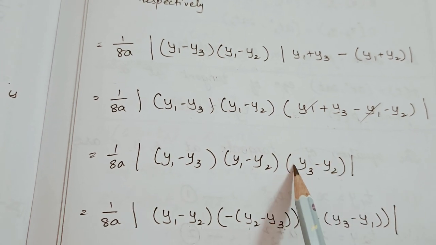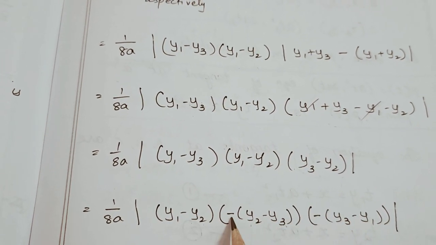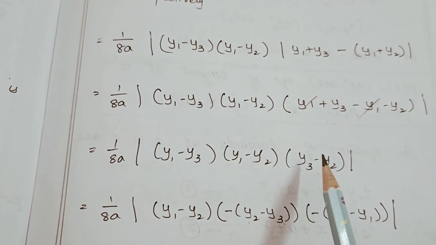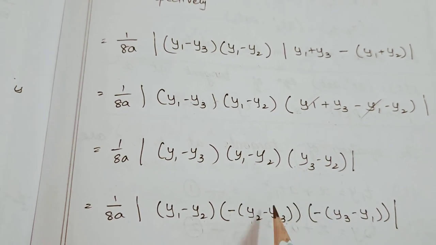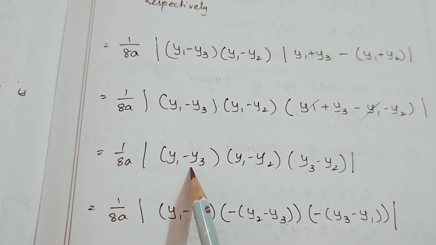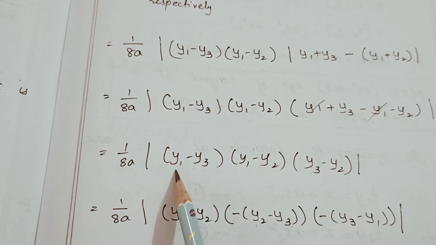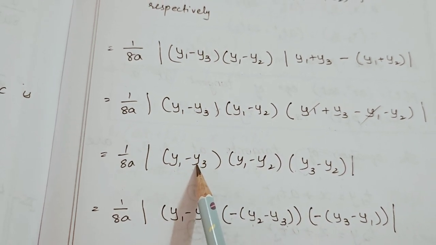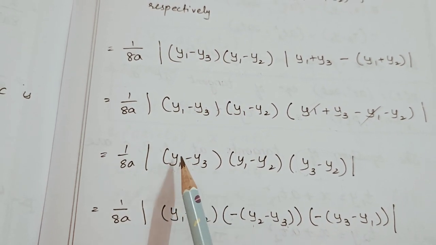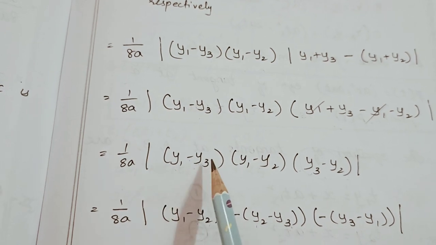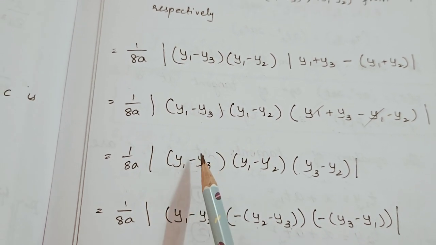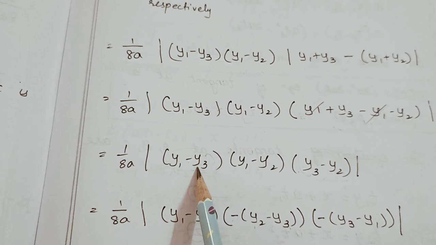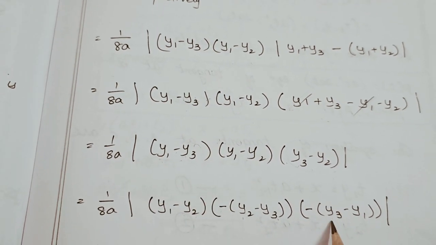So taking minus from this, it will become plus and it will become negative. From this also we want y3 − y1, but here negative y3 is there and positive y1. So taking minus from these, you will get plus y3 and minus y1.